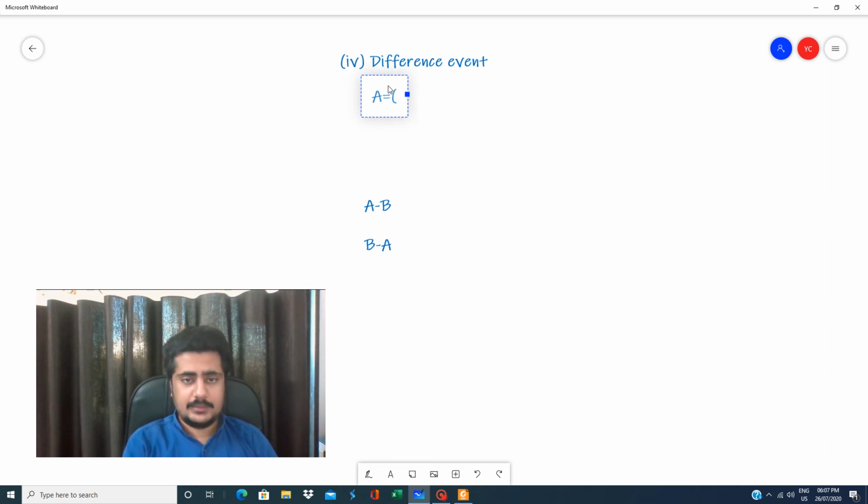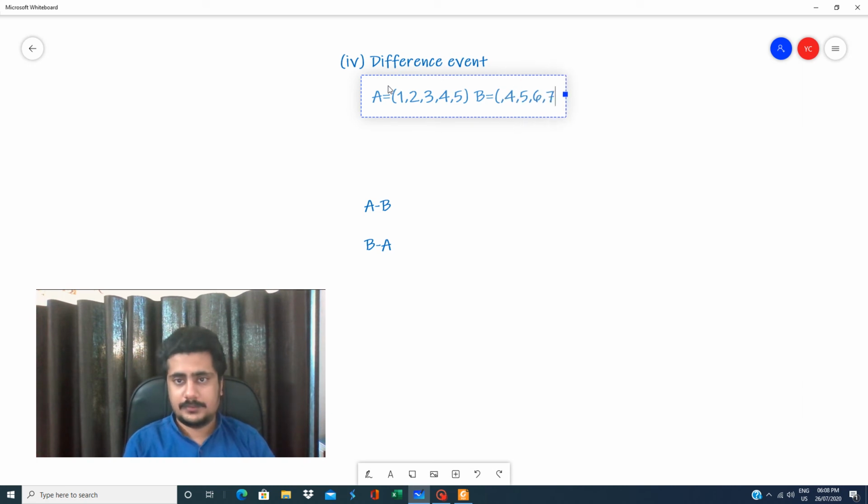A is 1, 2, 3, 4, and 5. Then B is 4, 5, 6, 7. A is 1, 2, 3, 4, 5, and B is 4, 5, 6, 7.